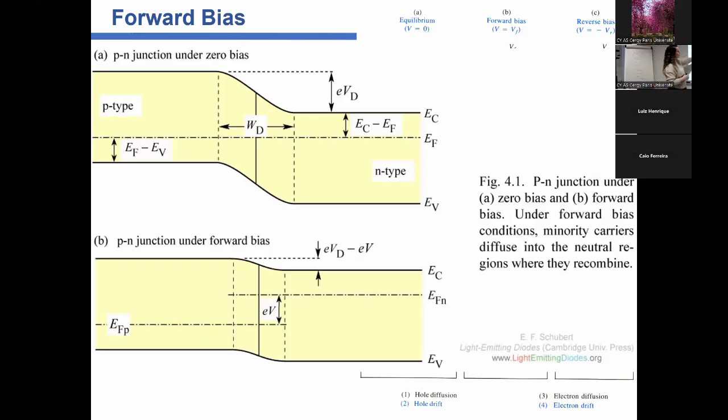In this case, there is also one difference in the potential, but sometimes we can apply a potential that could have a flat band condition.